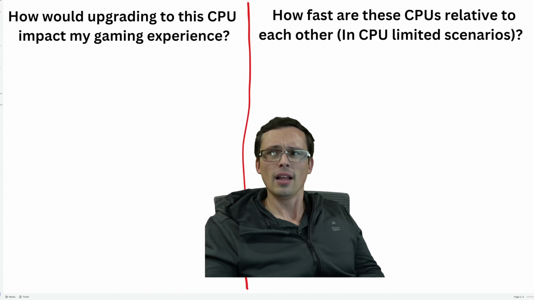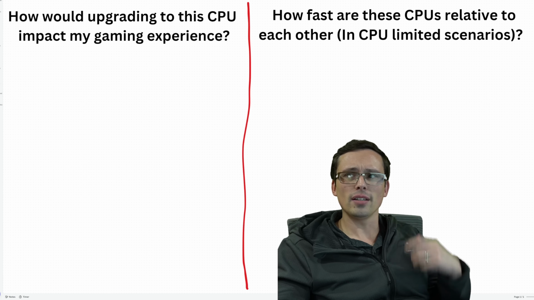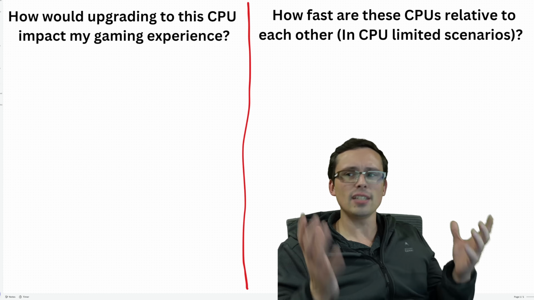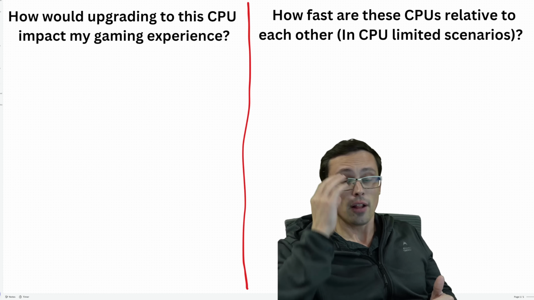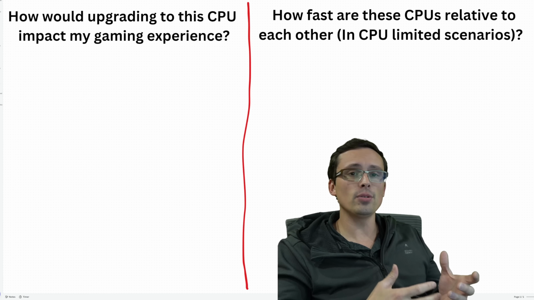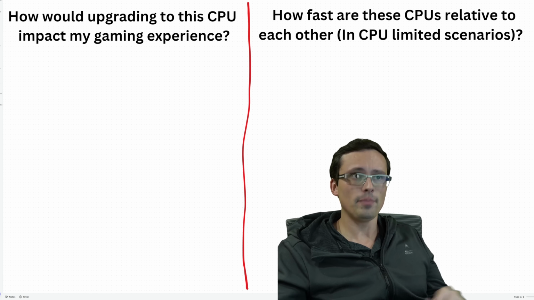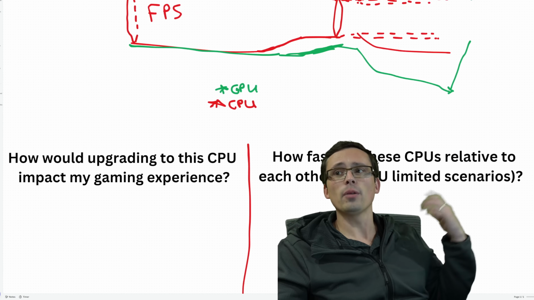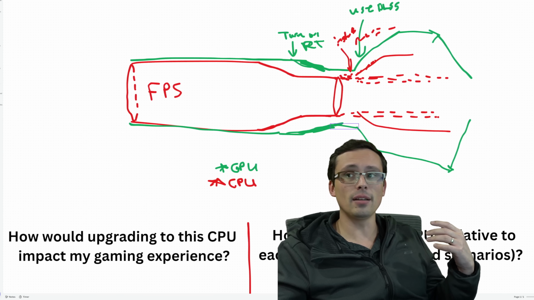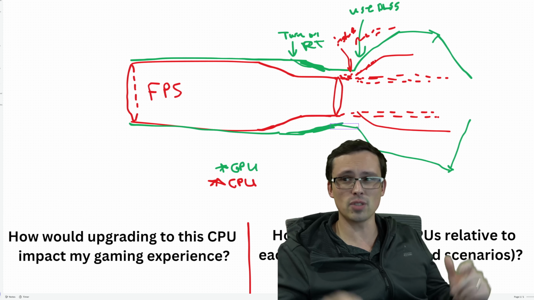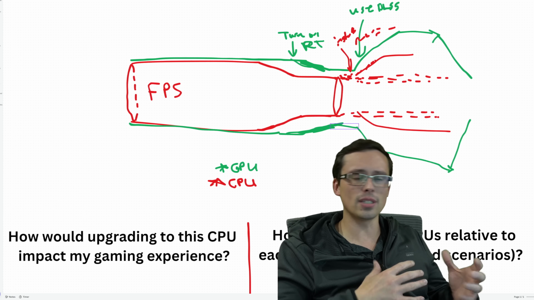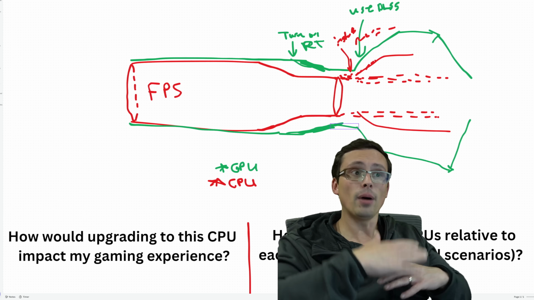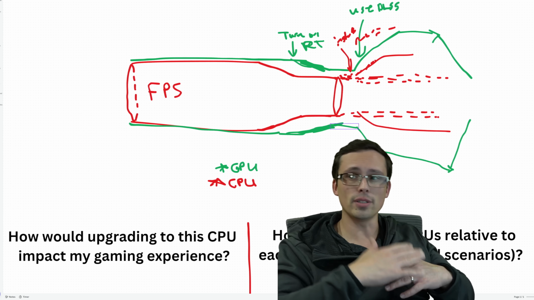So first of all, if a CPU reviewer's job is to figure out how fast CPUs are relative to each other, then you need to create a CPU limited scenario, right? If I scroll up here on my whiteboard, we can see I talked recently in the bottleneck paradox video about how changing graphic settings and using different GPUs can create a bottleneck of either the CPU or the GPU.